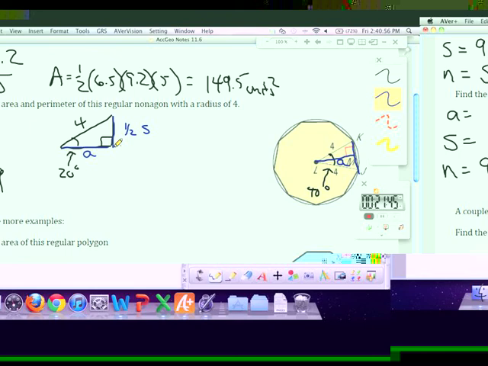This is 90 from it being an apothem. I claim that we should know what this piece of this right triangle is. This corresponds to here, which is half of the side length, or 3.5. And you should be able to calculate what this internal angle is.